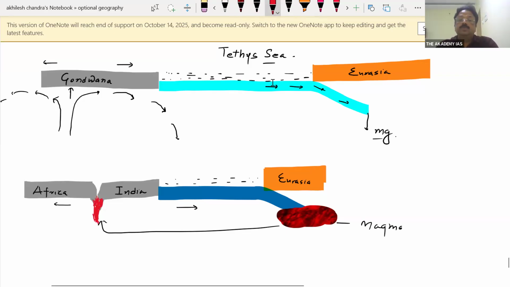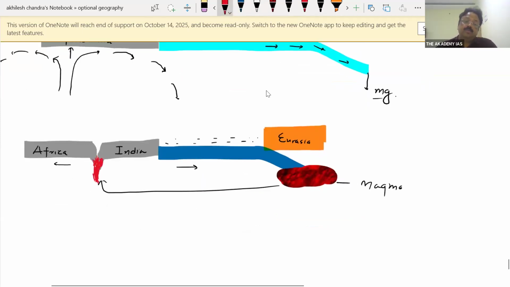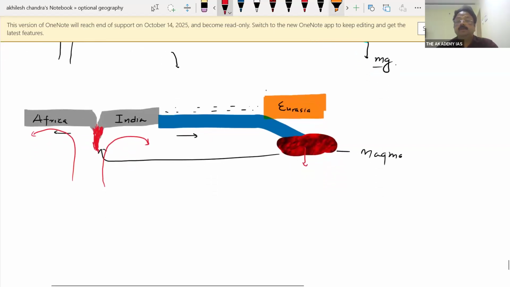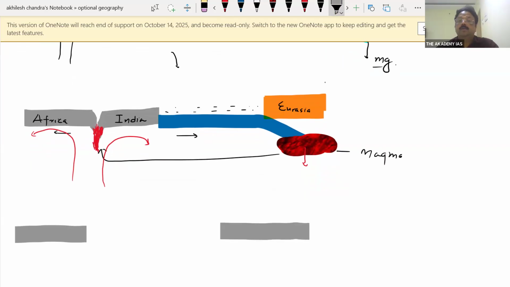And slowly and gradually, again, there is a rise of convectional current like this, taking the magma up. There is ridge push, slab pull, and then what happened? Now you can see that Africa is here, India is here, and this is the Tethys Sea, which is here, and what is it?